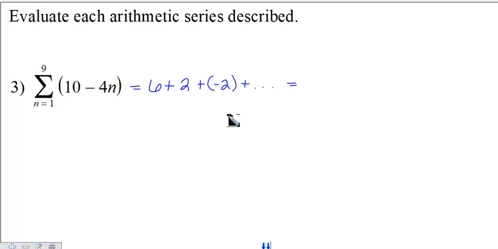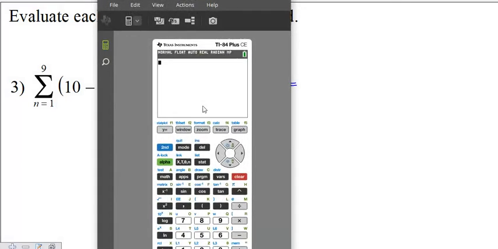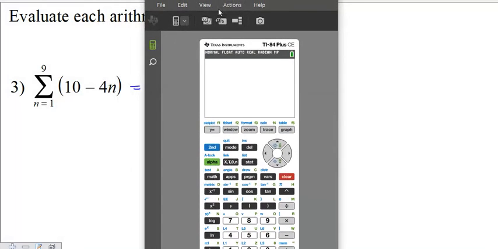But we can actually do this a little bit easier using our calculator. If you'll pull out your calculator, you can find the sigma or summation by going to the math menu and then choosing option 0. You can see the word summation and you see the sign, sigma. We'll hit enter and we'll fill in the parts.